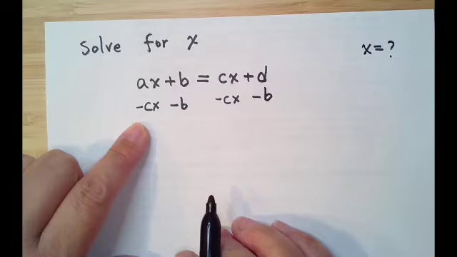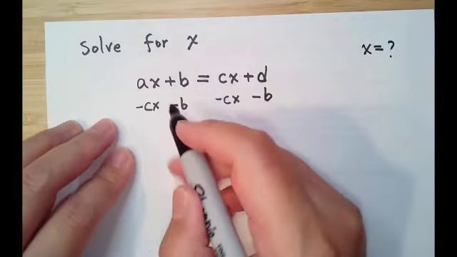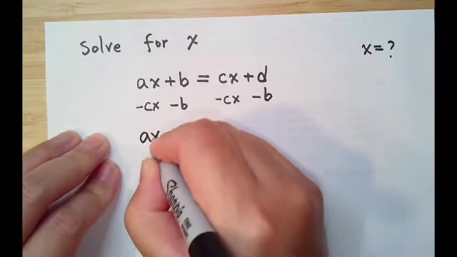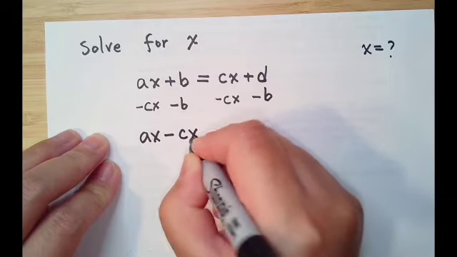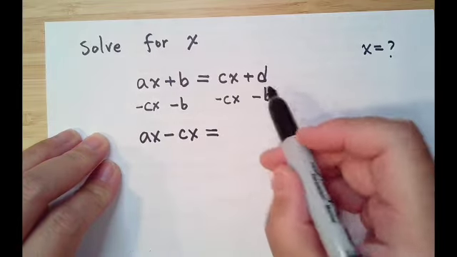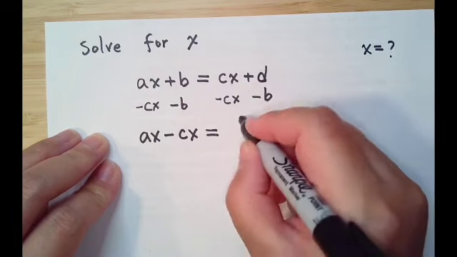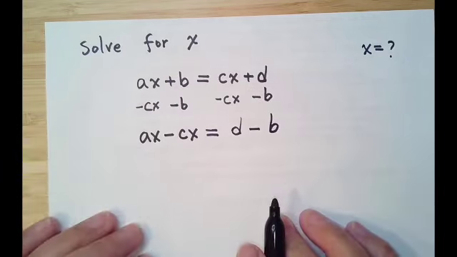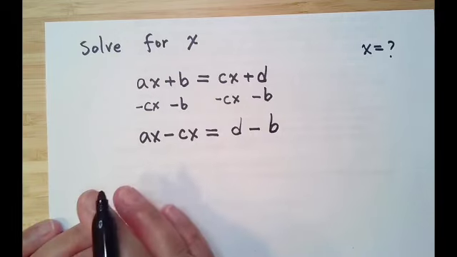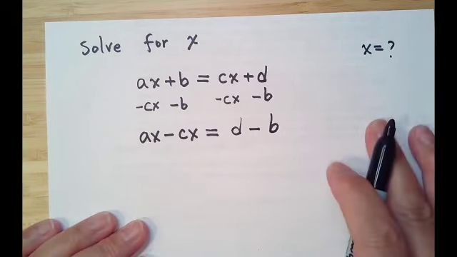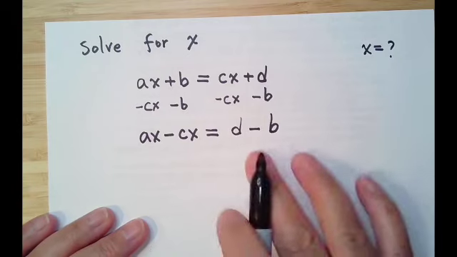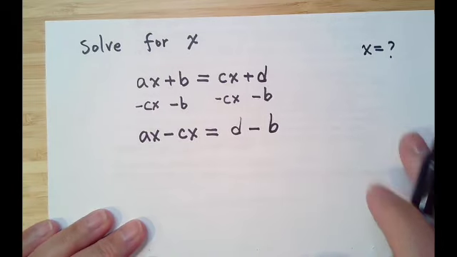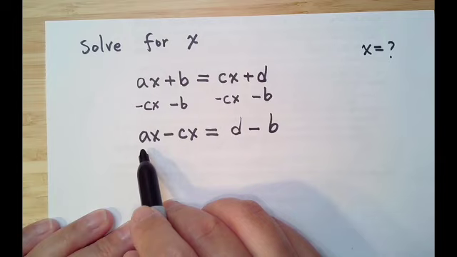By doing this, the left side I have ax minus cx equals, and this is gone, so I have d minus b. All right, first job done. We already moved all the terms with x to one side and all the terms without x to the other side.